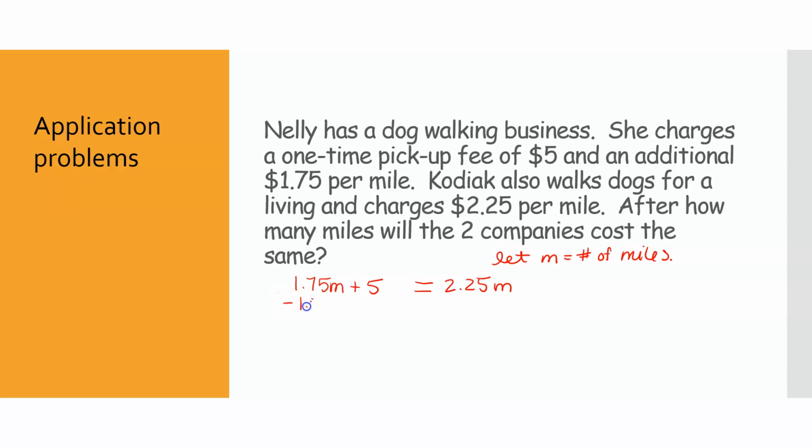We're going to bring those variables together on one side. So I have 5 equals 5/10 m, and oops, we're going to divide by 5/10 there. Which gives us 10 miles.